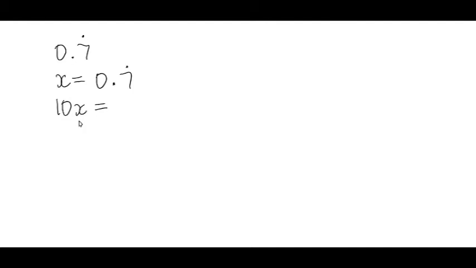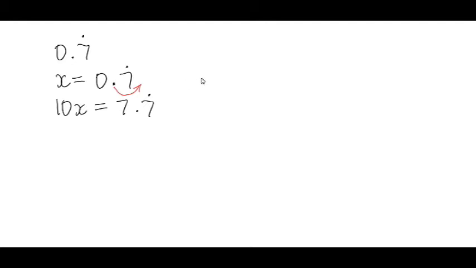Now watch what happens when I simply write down 10x. So if that's x, what will 10x be? If we wanted to multiply this number by 10, we could just move the decimal point one place to the right, and that gives us 7.7 recurring. Why is that?